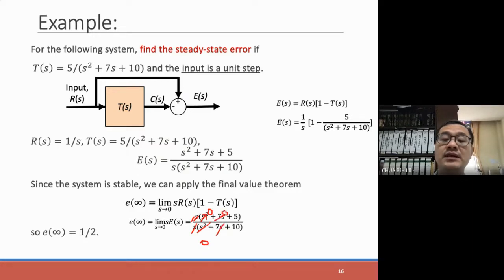Eventually we get 5 over 10, which is 1 over 2. So for this transfer function, when we apply a unit step, you will get a steady state error of 1 over 2, which is 0.5. This is how you can estimate the final value or the steady state error.